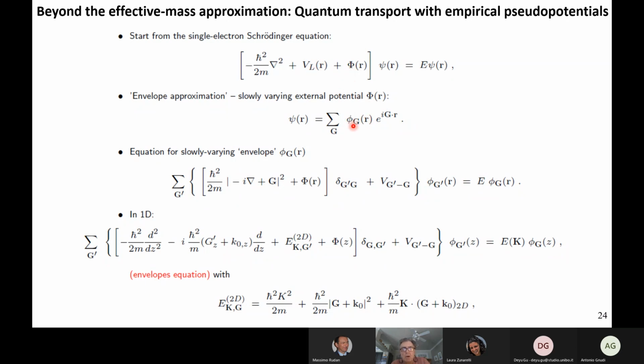This will be just a constant, or it will be just the little u, the periodic component of the wave function, right? So what you do is you plug this ansatz into the Schrödinger equation, and you see what equations you get.